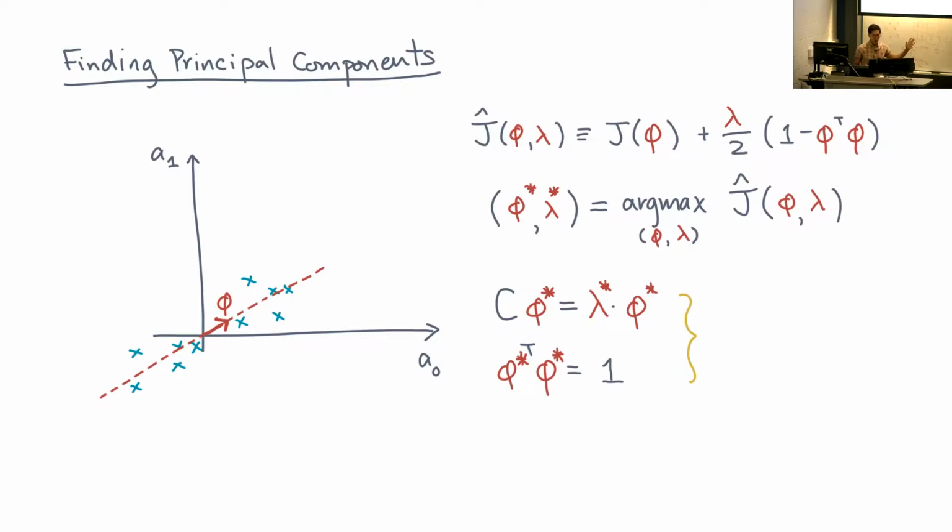When we did regression, we got a linear systems problem; when we do PCA, we get an eigenvalue problem that we have to solve. So I'll call this an eigenproblem. Phi star is the eigenvector of the matrix C, and lambda star is its corresponding eigenvalue.